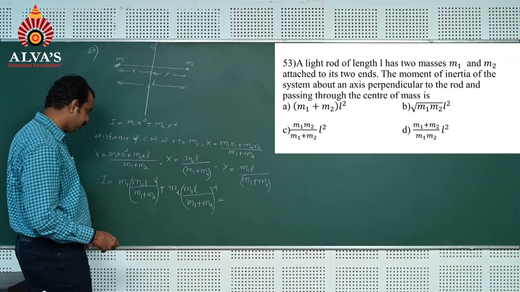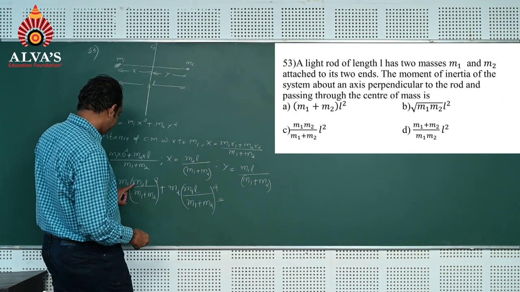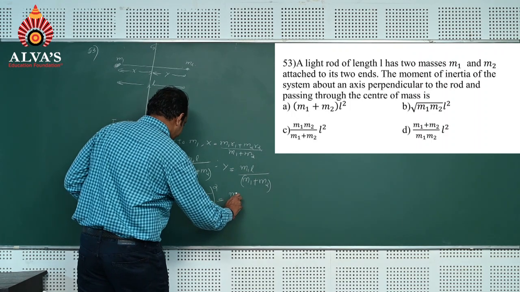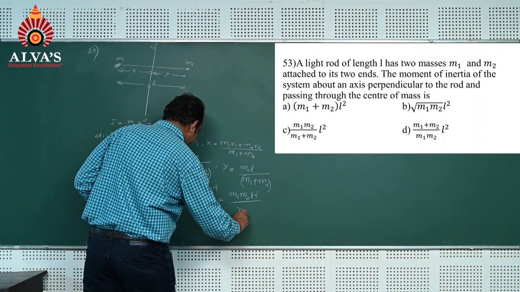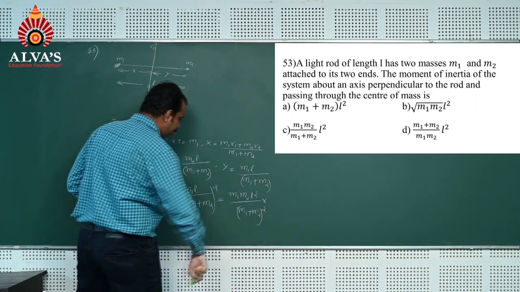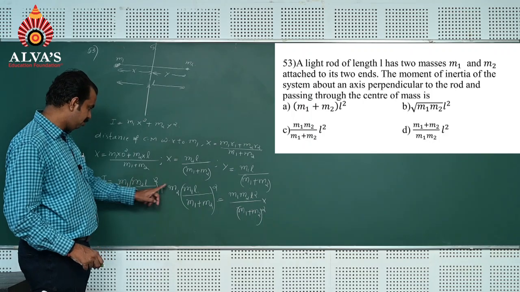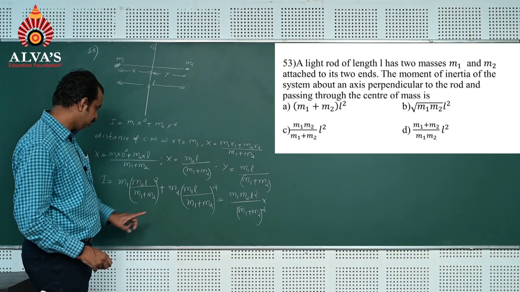I take the common term outside: m1 m2 L square divided by m1 plus m2 whole square.